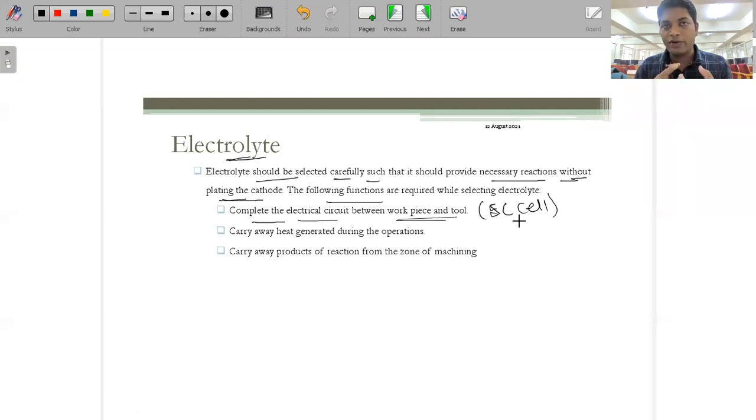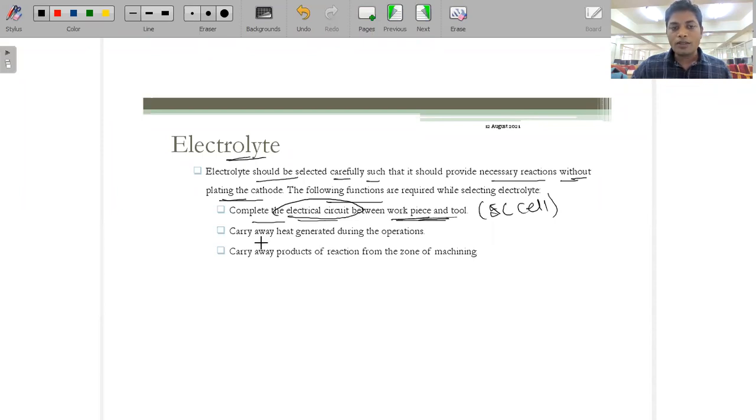It should have good electric conductivity. Otherwise, if it does not have electric conductivity, then the material will not be removed. So we have to keep that in mind as well. So the workpiece, the tool, the proper wire or electric supply, the power supply, and the electrolyte complete the electric circuit between the workpiece and the tool.